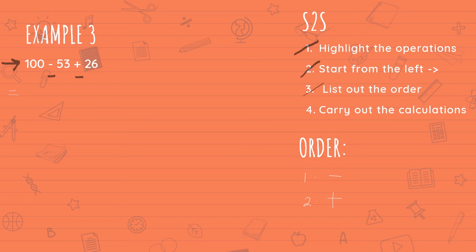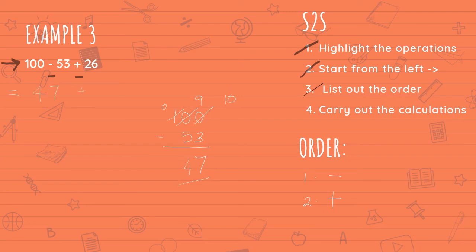So step 4 is carry out the calculation. So 100 minus 53. So that becomes 10. This becomes 9. This becomes 0. So 10 minus 3 is 7. 9 minus 3 is 4. So we have 47.